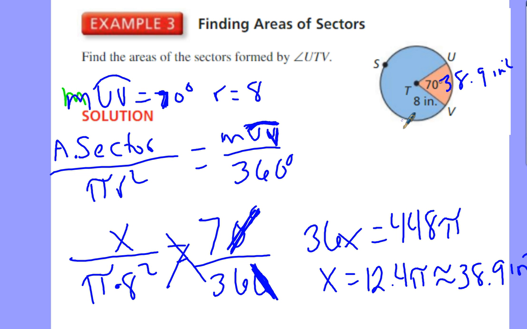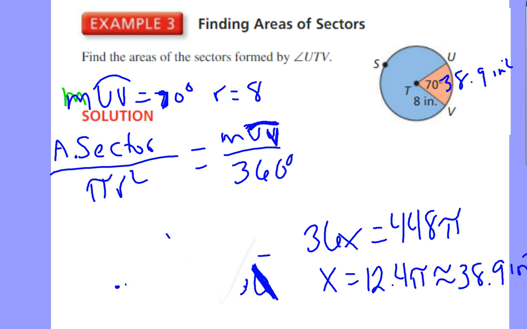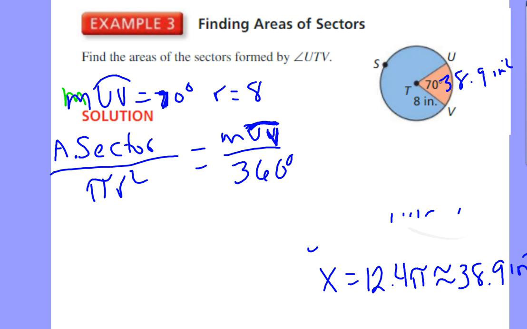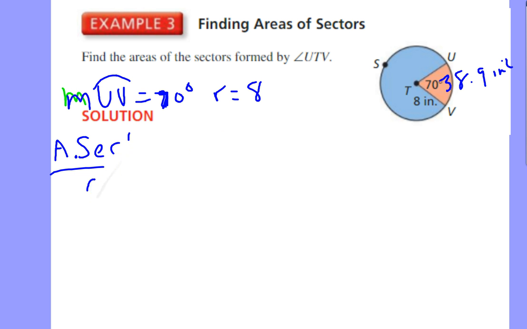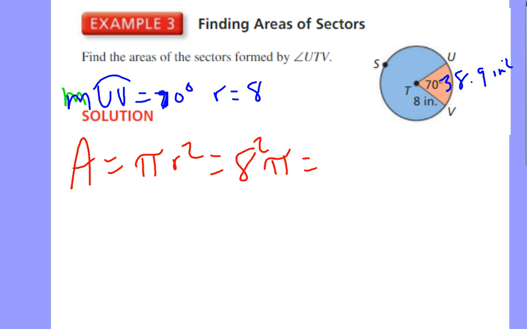If we then think about this, I'm going to erase just to get a little bit more room down here. What would be the entire area? Well, the whole area formula is just simply going to be pi r squared. So the whole area equals pi r squared. So the area of the whole circle is going to be 8 squared times pi, and that's going to be 64 pi.